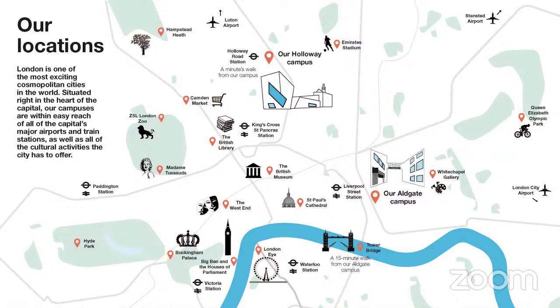The campus is also about 10 minutes by tube to King's Cross, where you can get to mainland Europe. Our Aldgate campus is about a 15-minute walk from the Tower Bridge, one of the most famous London landmarks. So you will have great access to all the facilities that London has to offer, and you will have a great London experience while studying with us.